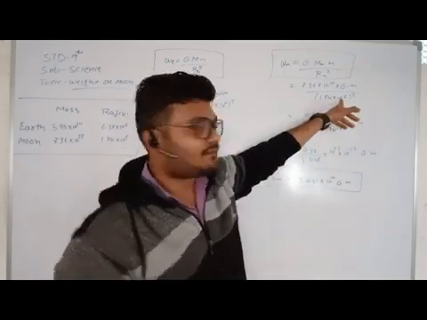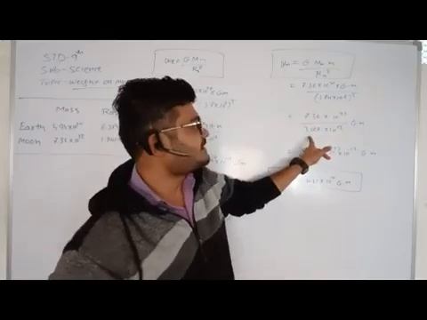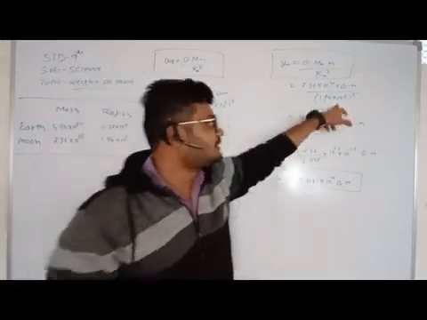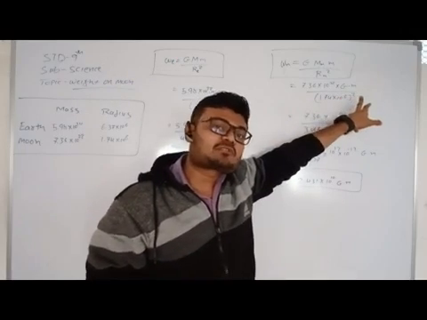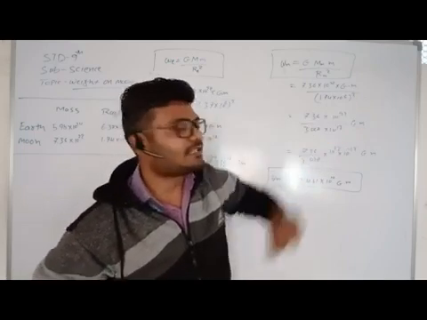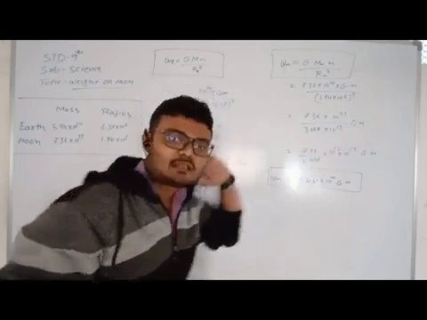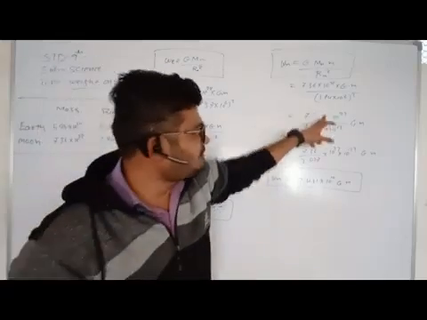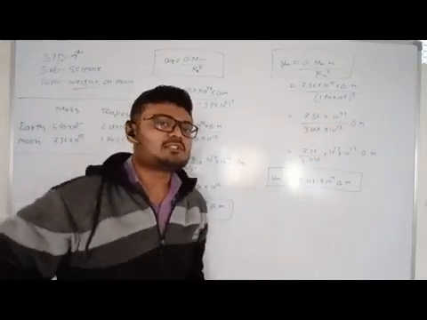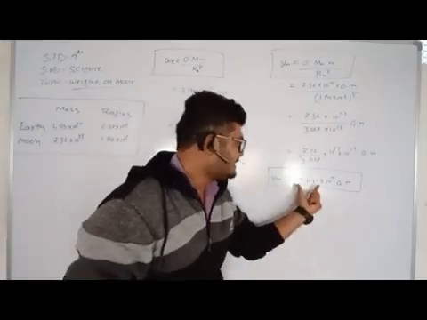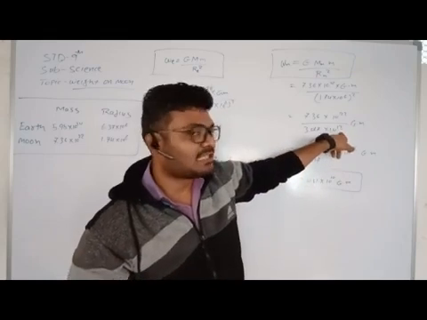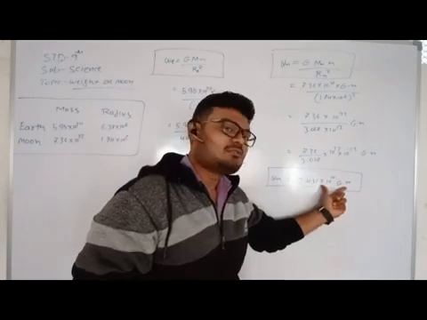So 1.74 squared is 3.027, but the square of 10 raised to 6, because 6 into 2 is 12, is 10 raised to 12, जैसा हमने यहाँ पे किया, right? So if you divide 7.36 by 3.027, you will get the answer 2.431, and because this is in the denominator, 10 raised to 10.